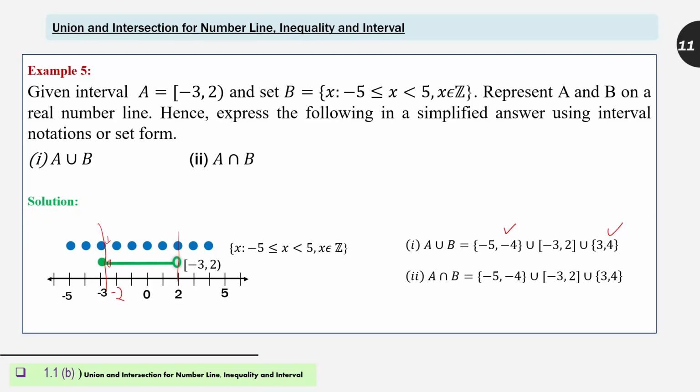So this part, they do not intersect. So you only intersect at negative 3, negative 2, negative 1, 0, 1, and 2. Is 2 fulfilled? No, because this one is a circle, this one is a solid. So this answer is only curly bracket negative 3, negative 2, negative 1, 0, 1 only. 2 is not inclusive. So I only have these 5 points only.